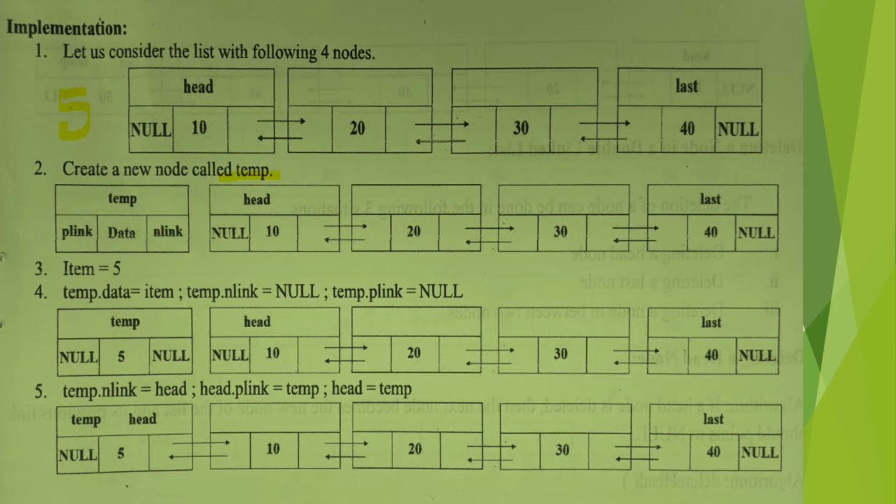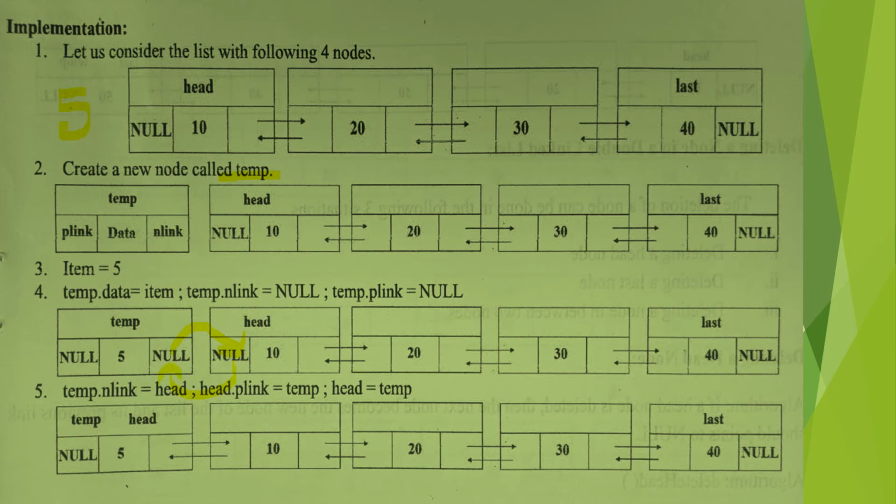In temp, I want to insert data 5. Temp dot data equals item, meaning 5. Temp dot n link equals null. Temp dot p link equals null initially. Temp dot n link equals head means we are storing the address of the head in this temp. Head dot p link means here we are storing the address of the temp.